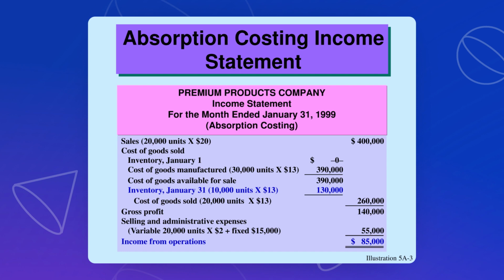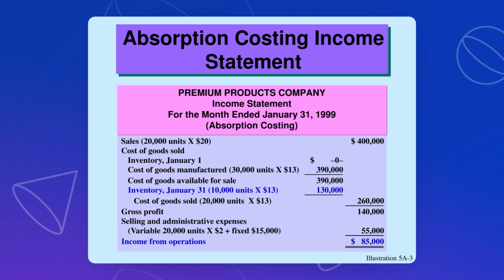Cost of goods manufactured is 30,000 times 13. What is 13 here? 13 here is basically your product cost, diba? Yung sa kabila naman ay 9. Next, since you have an ending inventory of 10, cost of goods manufactured is 30, and the inventory naman is 10. So 390 minus 130.